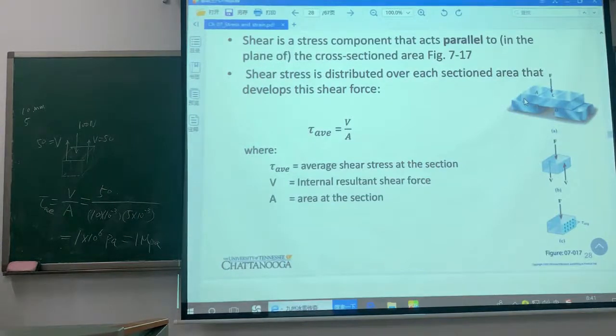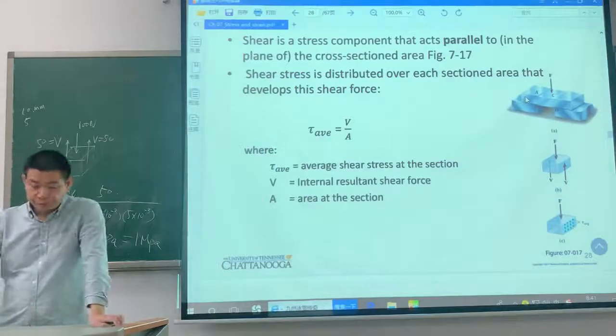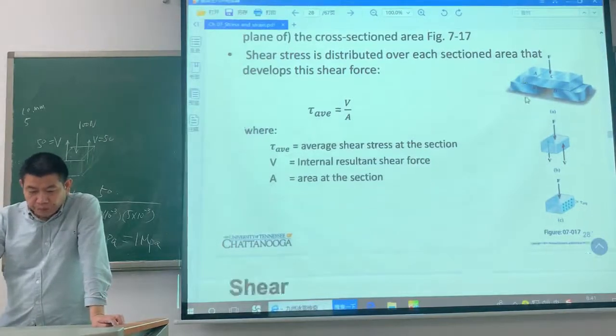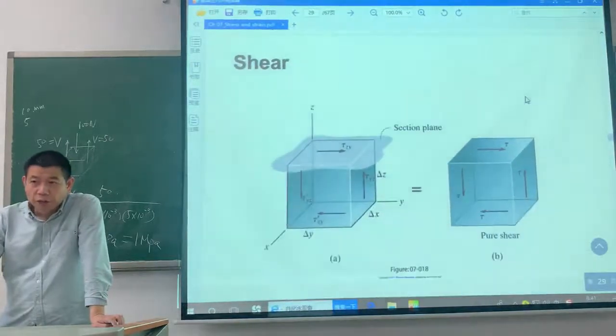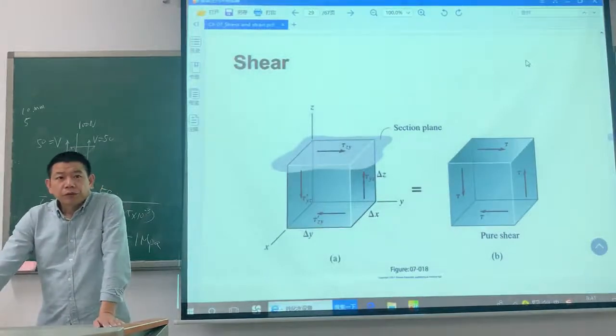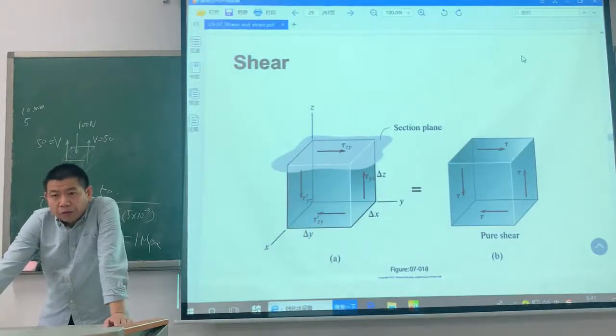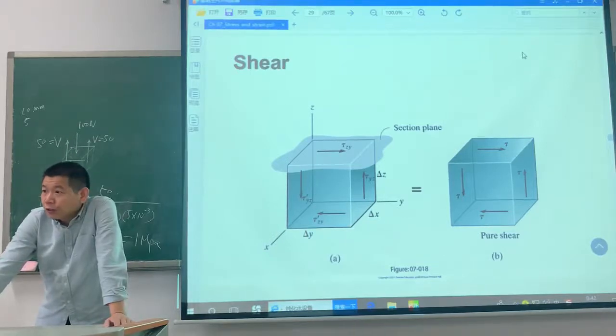V is the shear force, A is the area. Understand? So up to now, I introduced what is normal stress, what is shear stress.